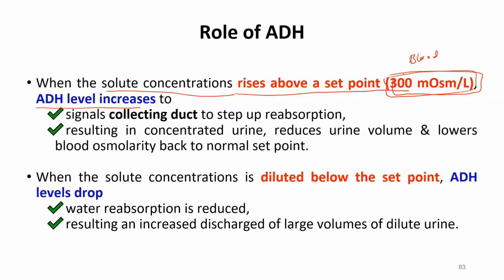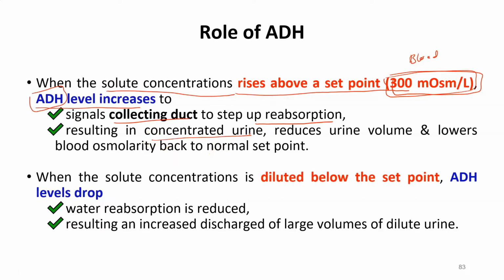So when your blood is concentrated or you are dehydrated, right, your body needs to conserve water, so therefore the production and secretion of ADH will increase. So when ADH increases, so this will signal collecting ducts to step up reabsorption of water, so resulting in the concentrated urine.